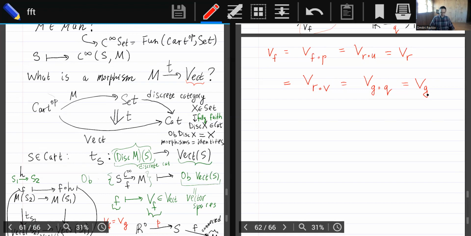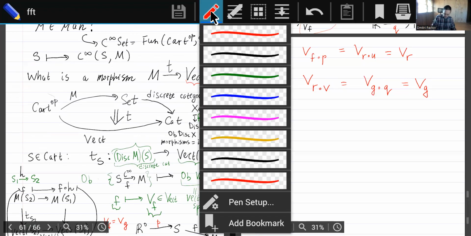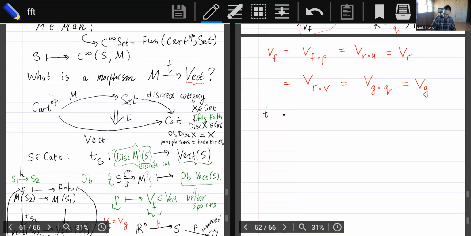So in reality, T yields a single vector space V.